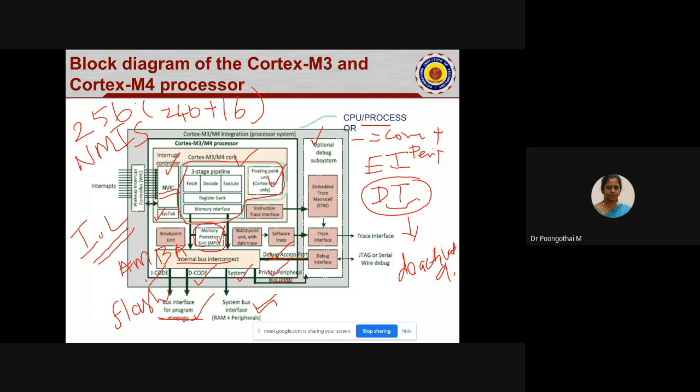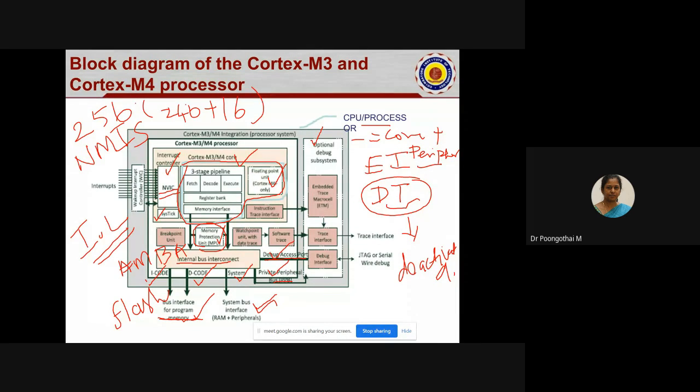So this highlighted portion is called ARM core. Your ARM Cortex M4 core is surrounded by various processor specific peripherals. So my question is, what exactly is there inside your Cortex M4 core?